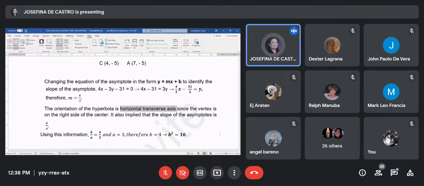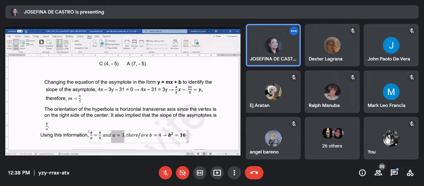Hindi mo pwedeng sabihin na kunyari ang slope mo B over A tapos ang slope niya ay 2 over 5, na B is equal to 2 and A is equal to 5. Hindi pwedeng ganon. Hindi ka pwedeng mag-assume na B is equal to 4, A is equal to 3 kaagad yan. Now, since ang A mo is equal to 3, ayun, 3 din to, tsaka ka lang magko-conclude.